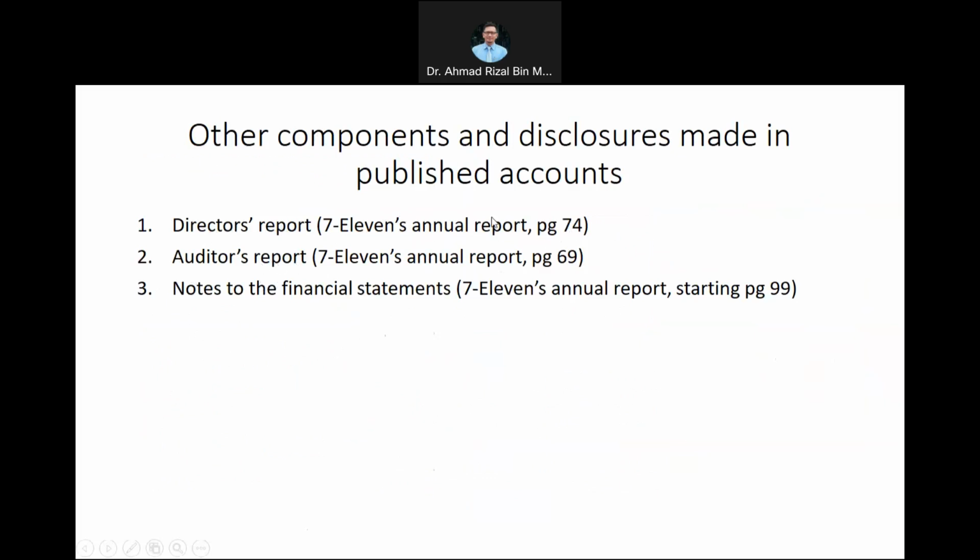We don't have time to go through them, but I have enclosed the 7-Eleven annual report in the LMS. For the director's report, you can refer to page 74 in the annual report, and for the auditor's report, you can look at page 69. The notes to the financial statements explaining all the items start from page 99.